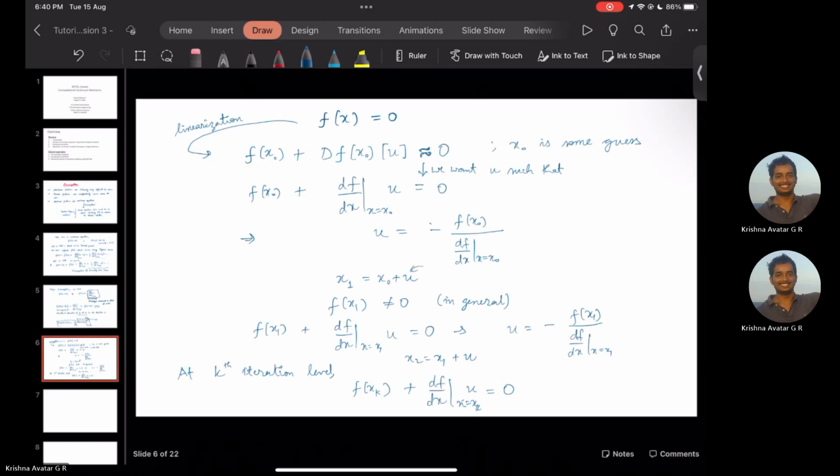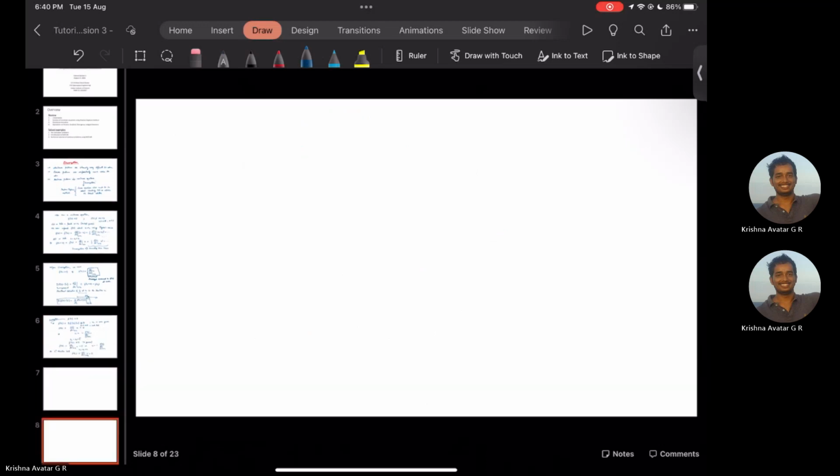So u is equal to minus f of xk divided by df by dx at x equal to xk.